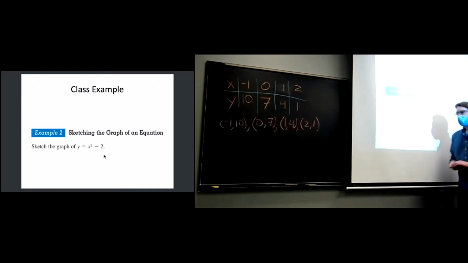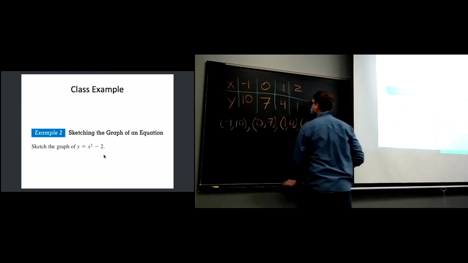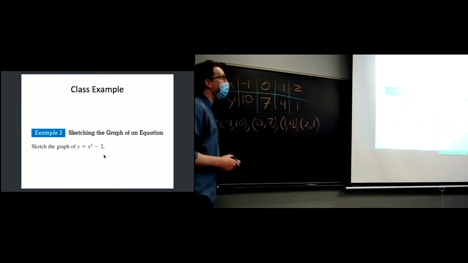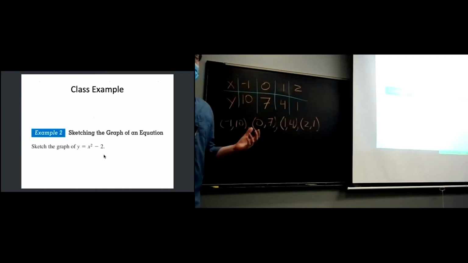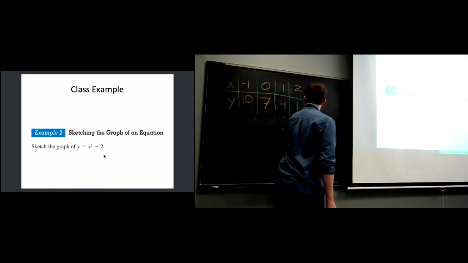Now, in the case of x squared minus 2, we can't plot this with just a straight line, right? This is going to be a parabola. And we'll see that once we start plotting this.